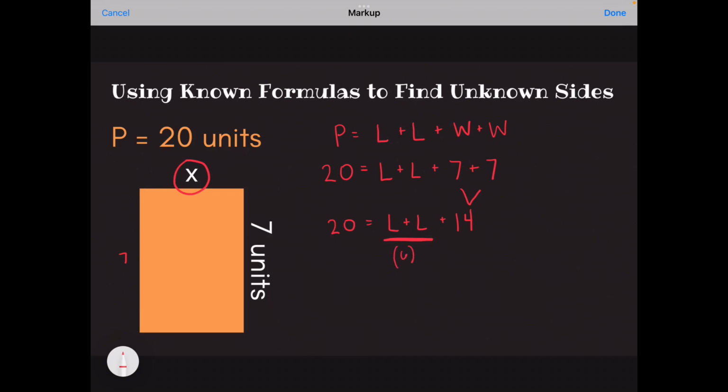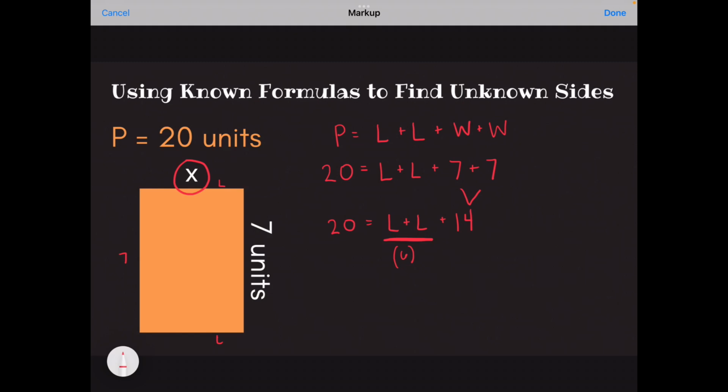6. And then I need to break that in half because now I have two lengths that have to add up to equal 6. And those have to be the same number because the length on the top of this rectangle is the same length as the length on the bottom of the rectangle.